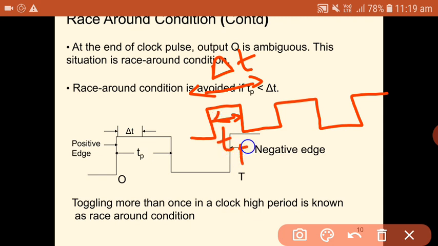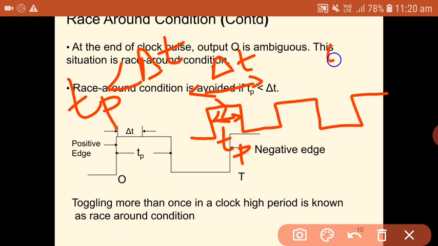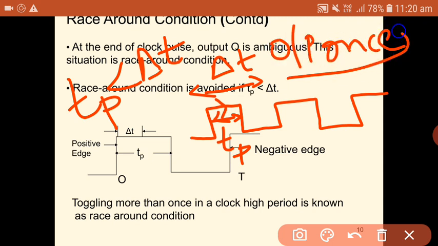Since you are assuming TP less than delta t, in this case, during the total positive level triggering, the output will change only once. That is the main advantage of considering TP less than the propagation delay of the flip-flop, where TP stands for the duration for which the clock signal is high.